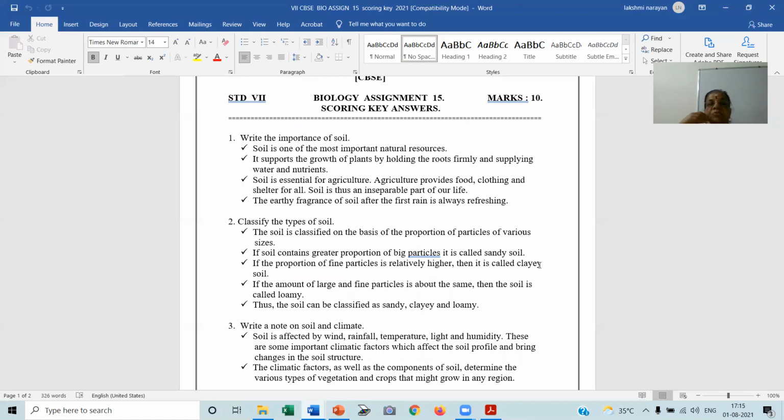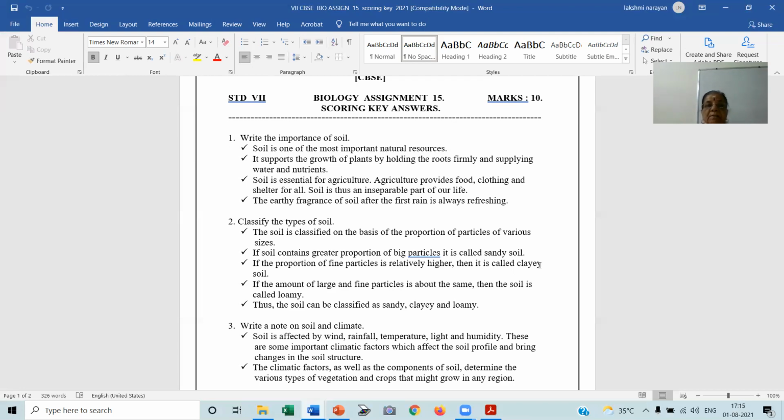Soil is one of the most important natural resources. It supports the growth of plants by holding the roots firmly and supplying water and nutrients. Soil is essential for agriculture. Soil provides food, clothing, and shelter for all. Soil is thus an inseparable part of our life.